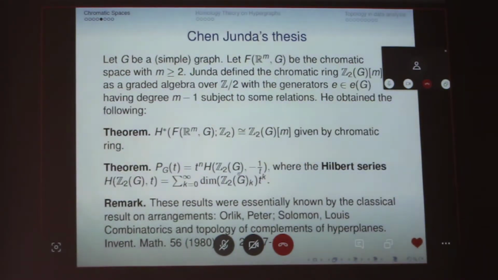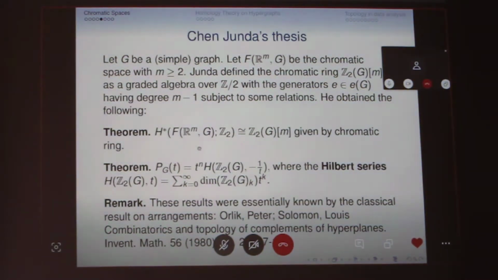I think Volodymyr calls it Poincaré series, while other people call it Hilbert series. Now, well, let's do this. This is the Poincaré series, and on this side you put the H, so you just say Hilbert series.